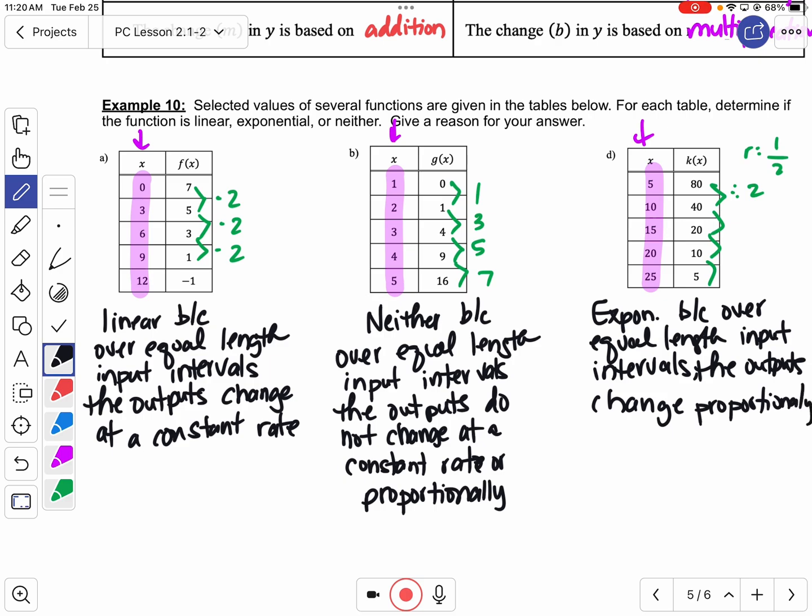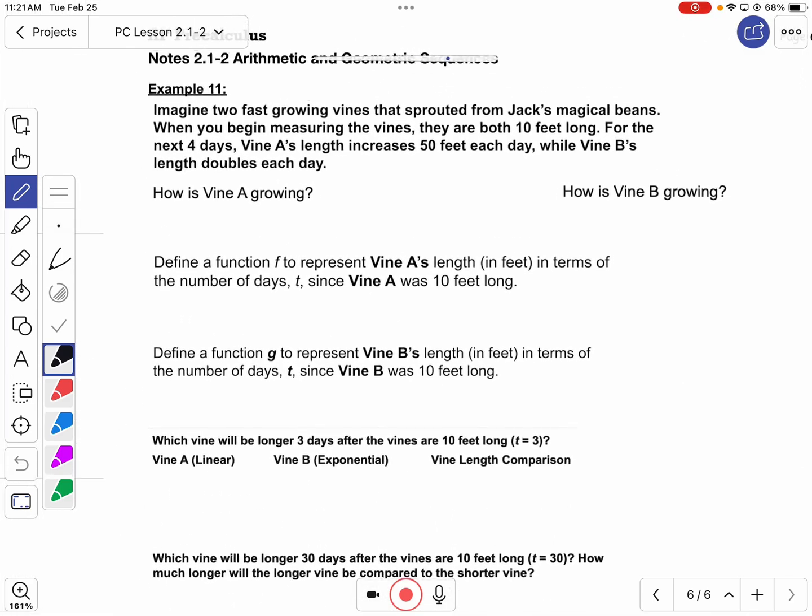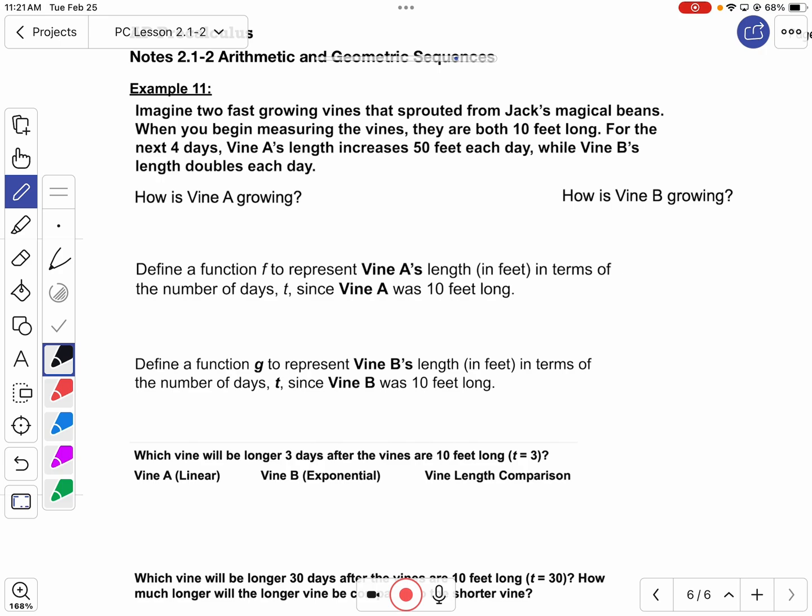All right, last one. Sometimes they might ask us to do some comparison between two different situations and figure out what's going on. It says to imagine two fast-growing vines that sprouted from Jack's magical beans. When you begin measuring the vines, they're both 10 feet long.